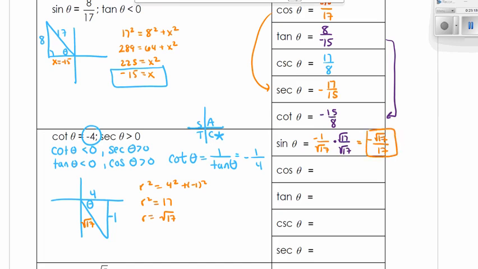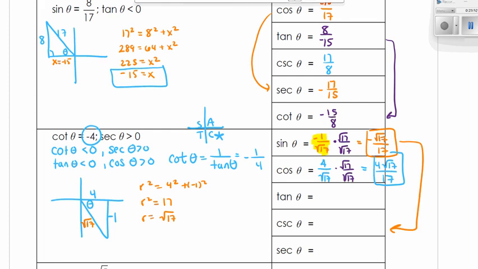For the next one, the cosine of the angle is adjacent over hypotenuse. So if I do the adjacent over the hypotenuse, and then rationalize, I get 4 root 17 over 17. And notice that the cosine is positive. If I know cosine and sine, I know cosecant and secant. Sine is the reciprocal of cosecant, so I'm going to flip my original one so I don't have to rationalize again.